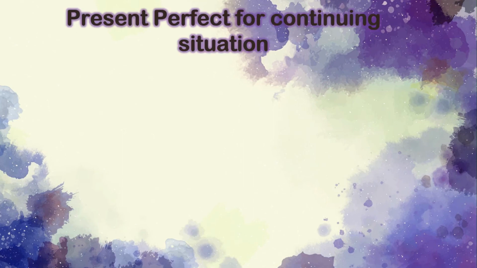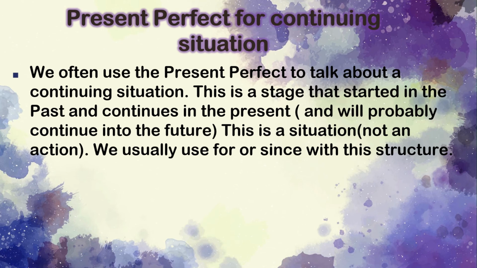So, present perfect for continuing situation. We often use the present perfect to talk about a continuing situation. This is a state that started in the past and continues in the present, and will probably continue into the future. This is a situation, not an action.